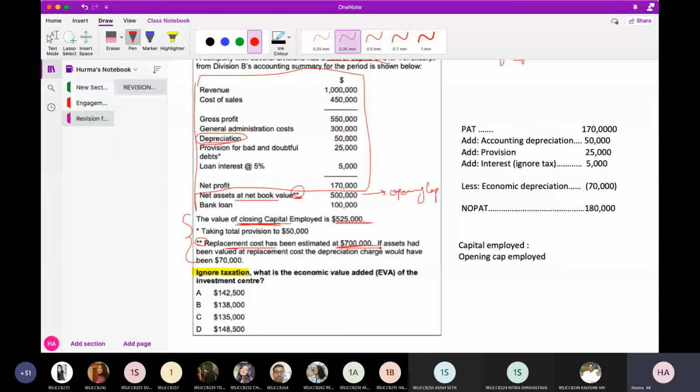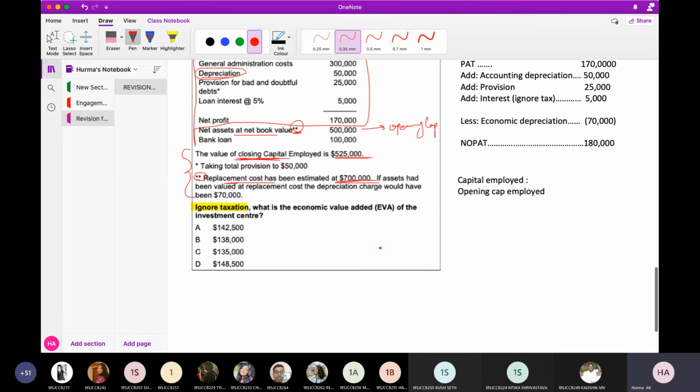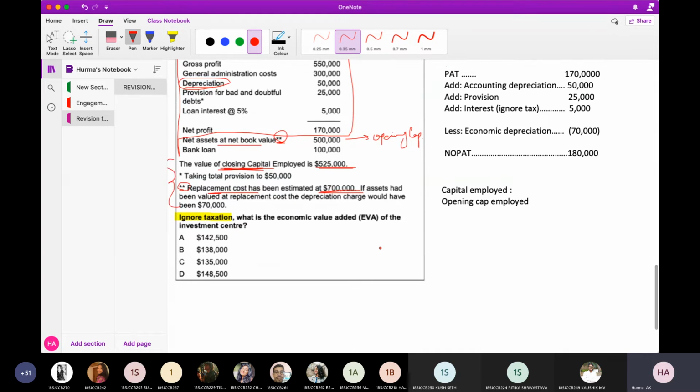Economic value added only considers real cash flows. Now, if you were to sell this net asset, what value would you fetch? You would fetch 700,000, right? That's the replacement cost. I hope everyone understands replacement cost. It's the value you would receive when you replace that asset or sell that asset in the market. So that's the market value.